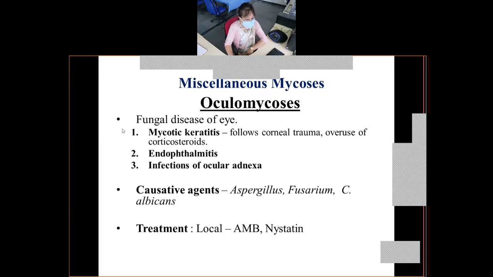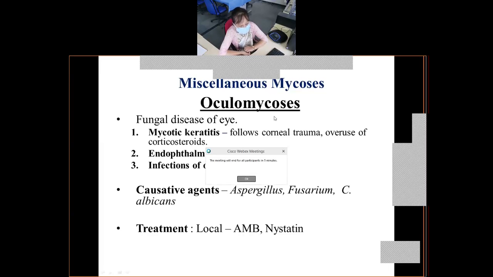So oculomycosis, we'll just complete the course. Oculomycosis is basically a fungal infection of the eye. It can be mycotic keratitis, where it affects the cornea. Usually this occurs when there's any trauma to the cornea. Sometimes it can happen when a person is chopping wood and a fragment of the wood enters the eye.